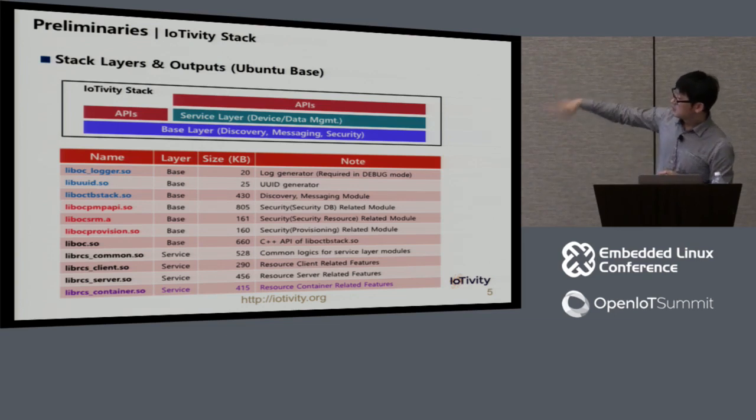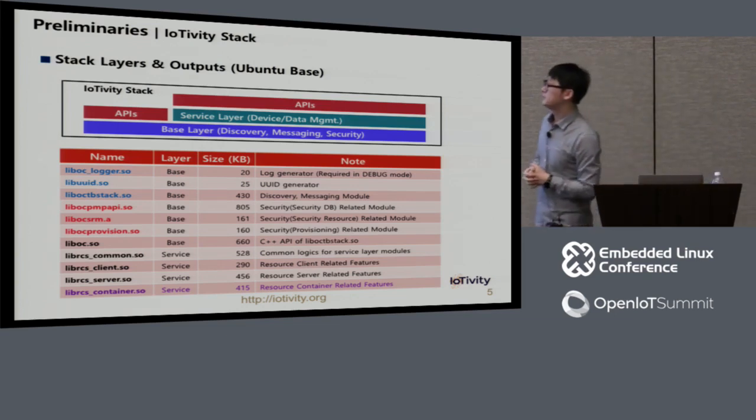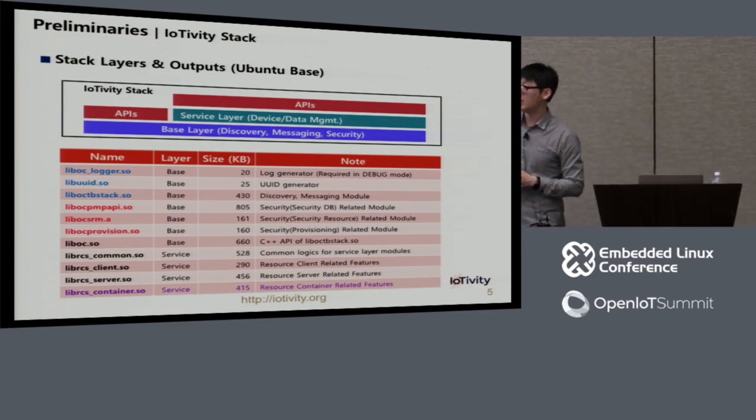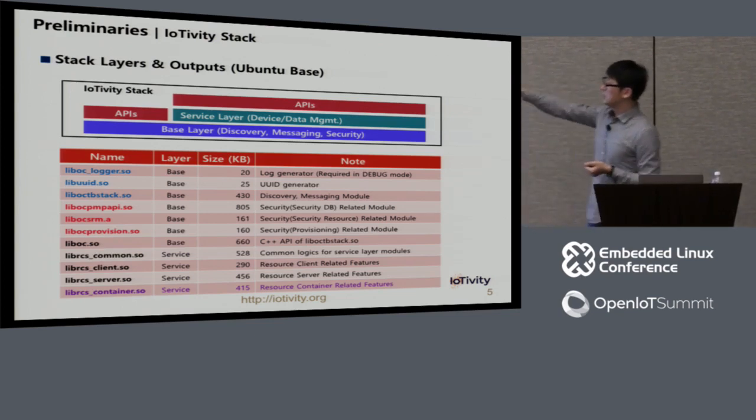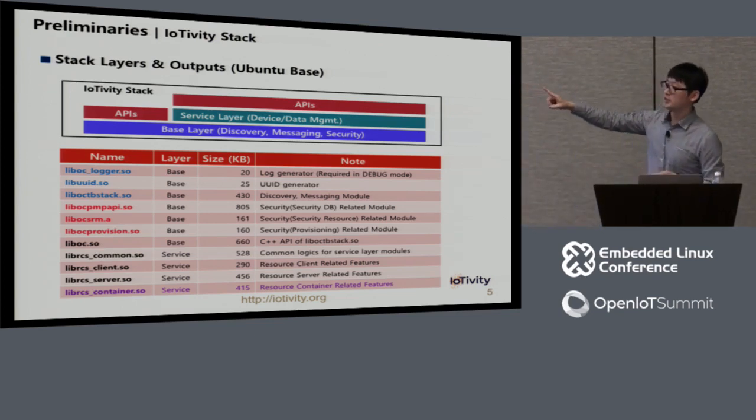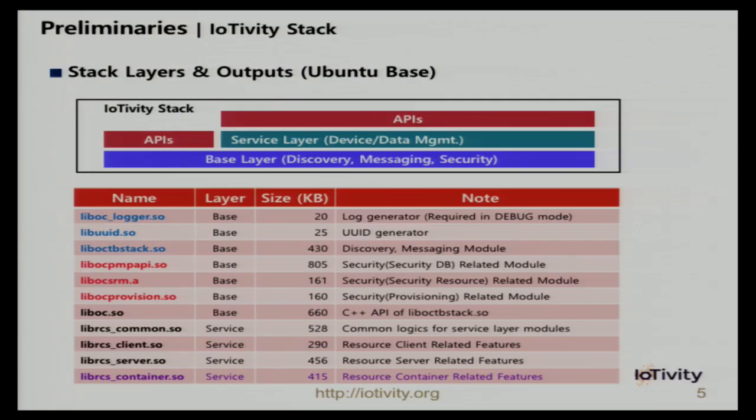And these are the libraries that you will have if you build the IoTivity stack. And the libraries with the blue color are the minimum set of libraries you will need to have for your development. The liboctbstack has connection abstraction capabilities and the messaging functionalities there.